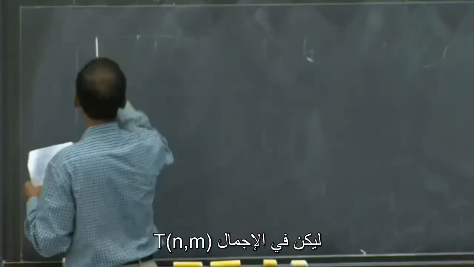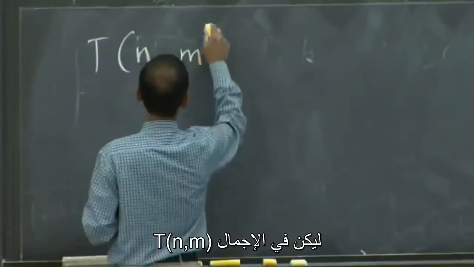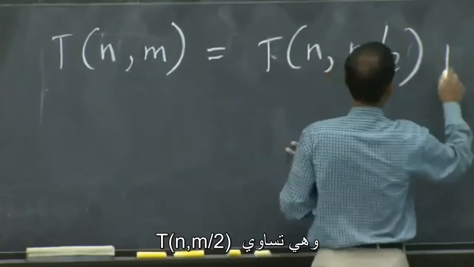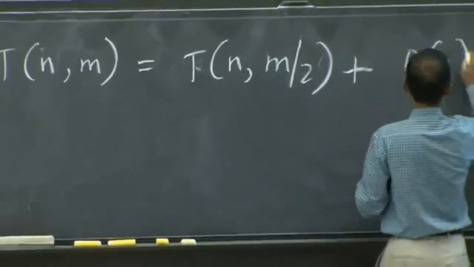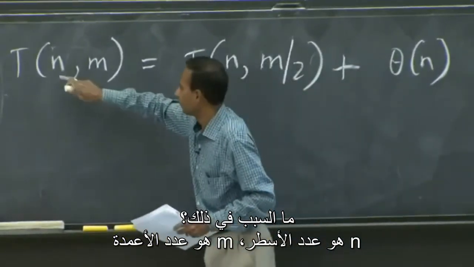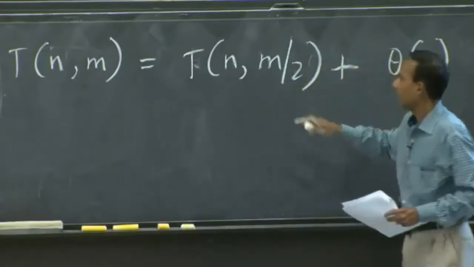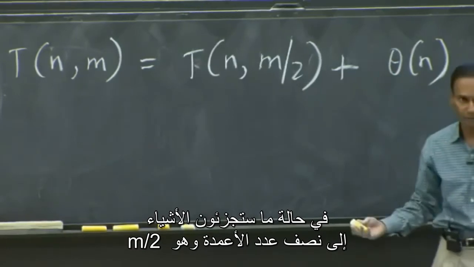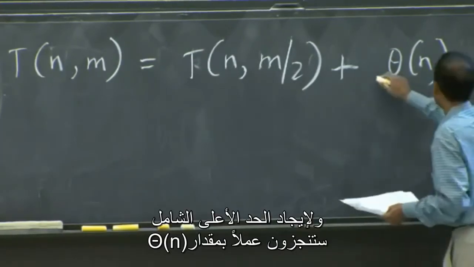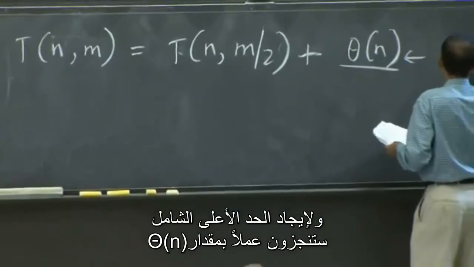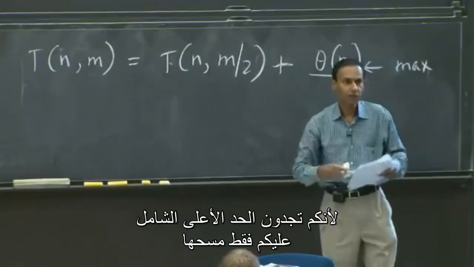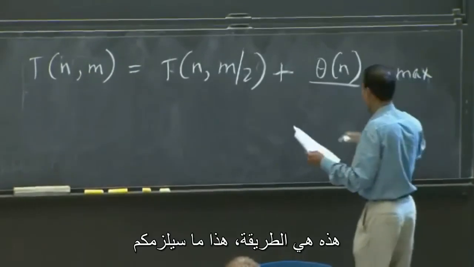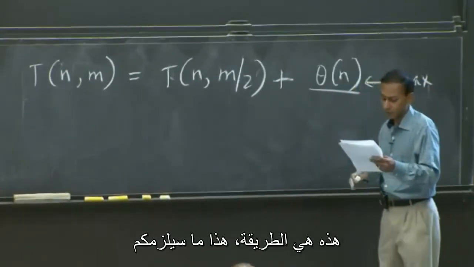All right, so overall what you have is something like T(n, m) equals T(n, m over 2) plus theta n. Why is that? Well, n is the number of rows, m is the number of columns. In one case, you will be breaking things down into half the number of columns, which is m over 2. And in order to find the global maximum, you'll be doing theta n work, because you're finding the global maximum, right? You just have to scan it. That's what it's going to take.